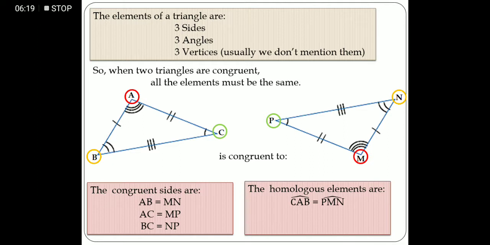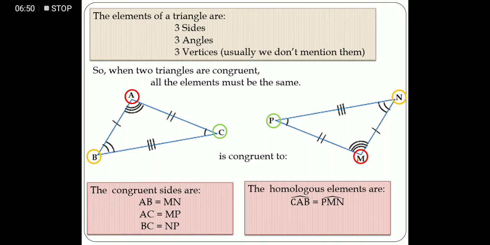The vertex A fits on angle M. How did I know that? AB equal to MN and AC equal to MP. Here, angle A is holding two equal sides. The sides that are equal on the other triangle are MP and MN. So the angle BAC equals PMN.